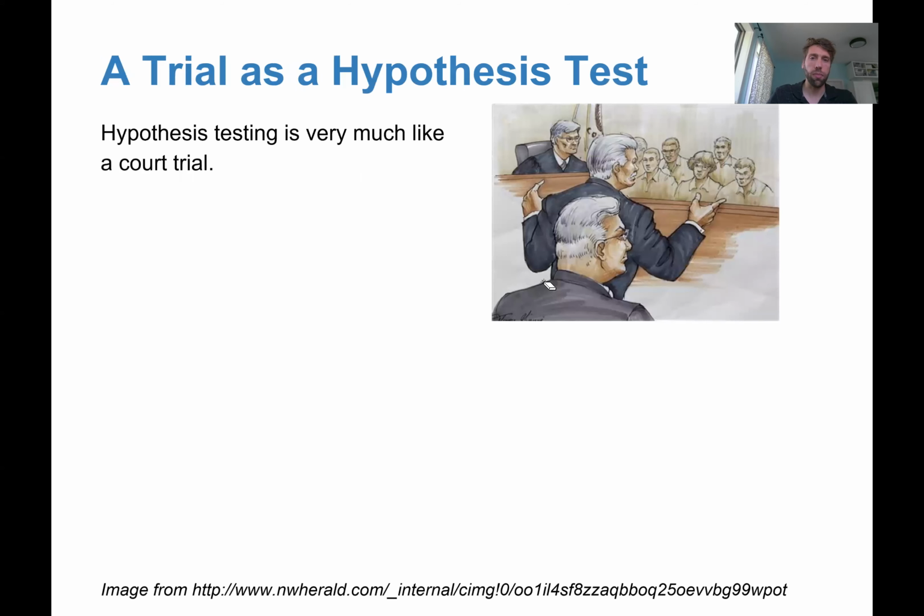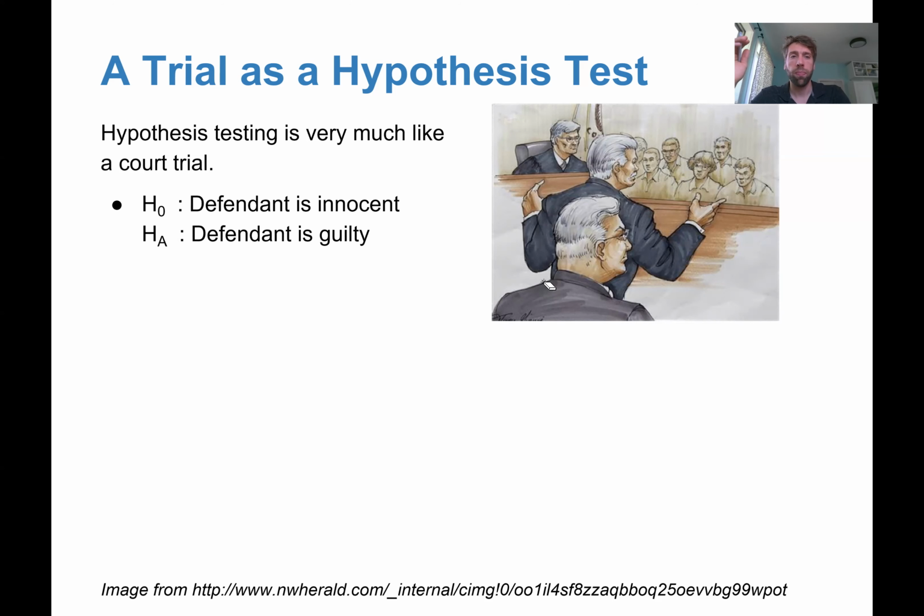The scientific method, and especially a statistical hypothesis test, resembles a trial. The null hypothesis is that nothing's going on, the defendant is innocent. The alternative hypothesis is that something's happened, the defendant is guilty.